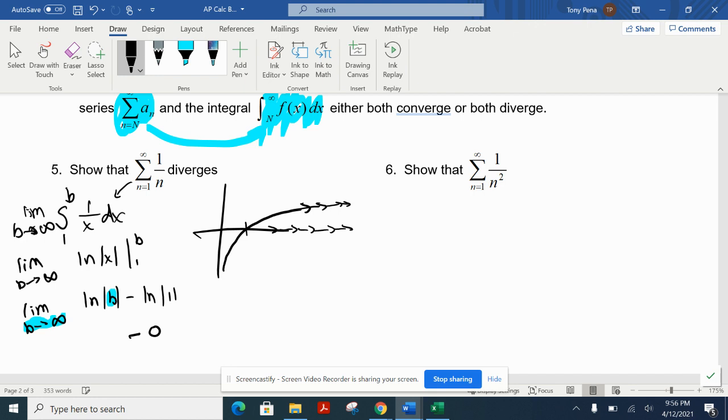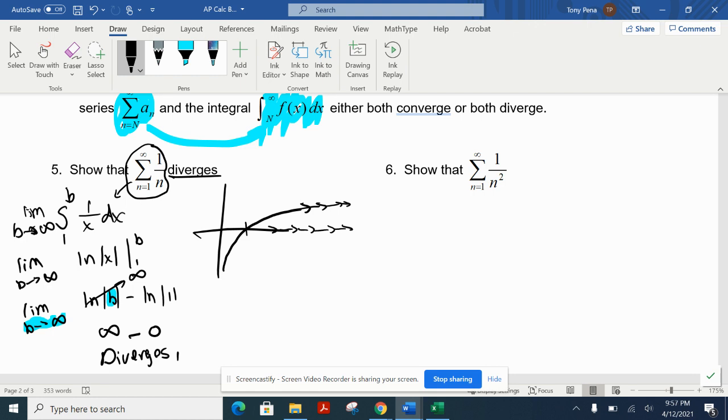If you remember, we said it does it very, very slowly, but the natural log curve does increase forever. So overall, this is zooming off to infinity. And because of that, just like we would have with the integral test, we would say that that diverges. And the integral test diverging would tell us that this series, as it should, because that's the harmonic series, should diverge.